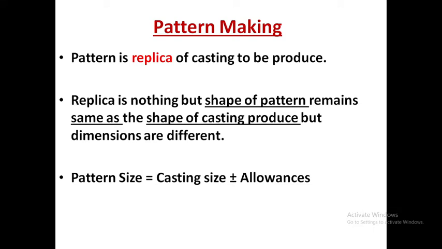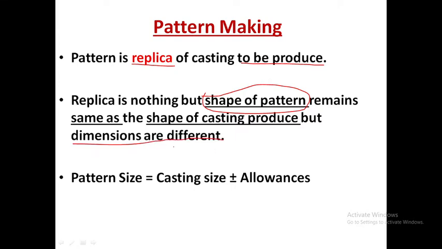The pattern is nothing but a replica of the casting which is to be produced. In other words, the shape of the pattern remains the same as the shape of the casting produced, but some dimensions are different.